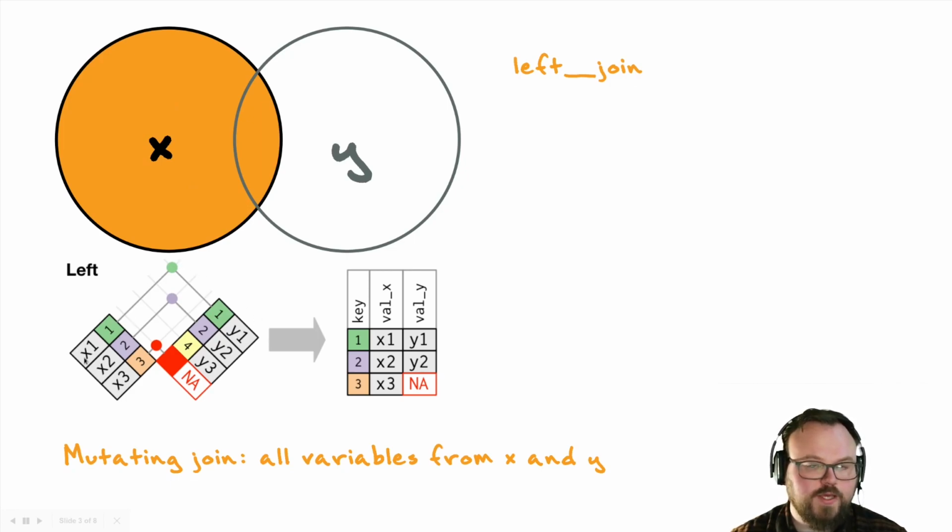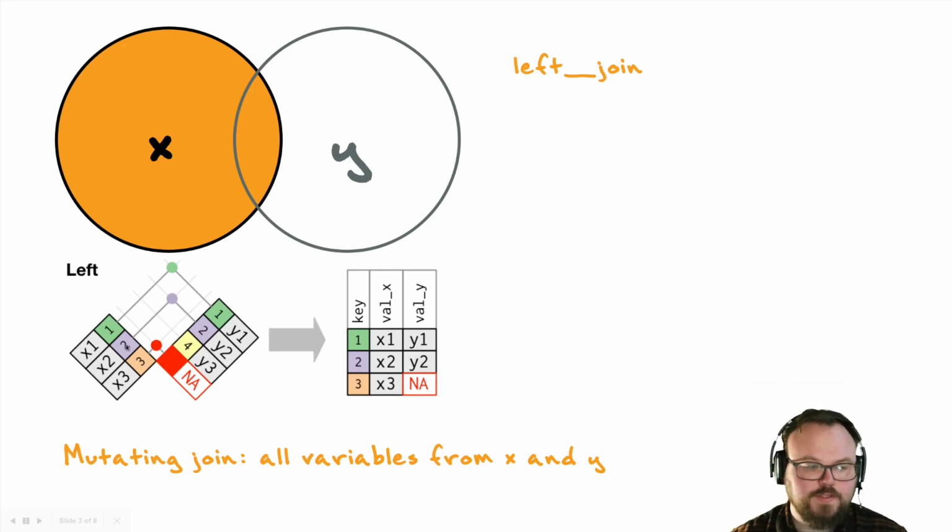So let's say we have a variable x1 and a key that's called 1. We look for a representation for this in the Y data frame to add the variable that is only present in the Y data frame. We look for an observation where the foreign key is also 1, and then we join this data together.